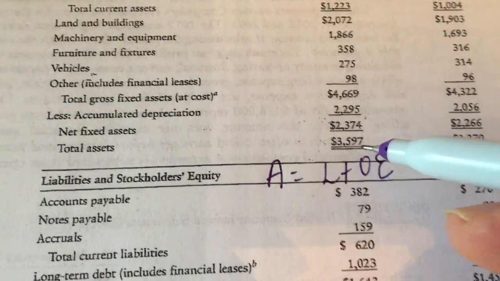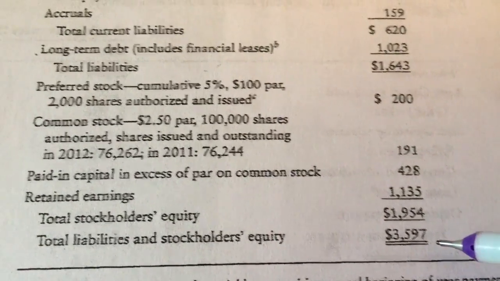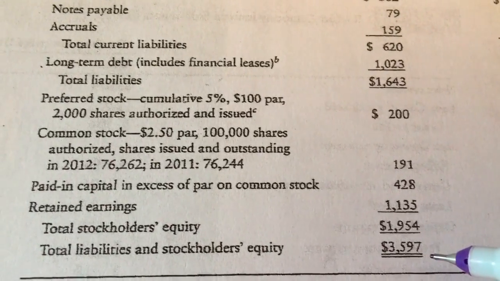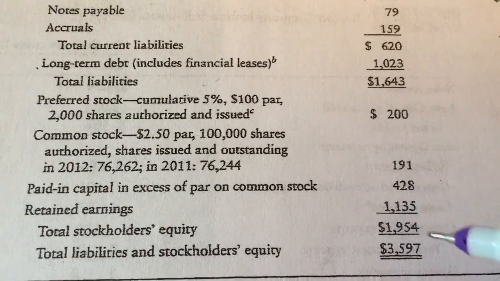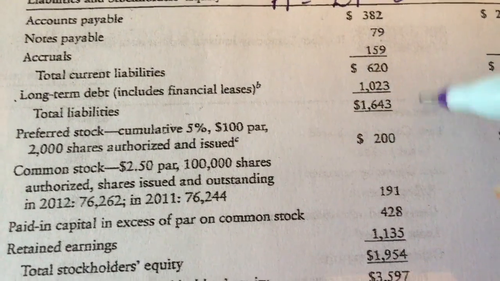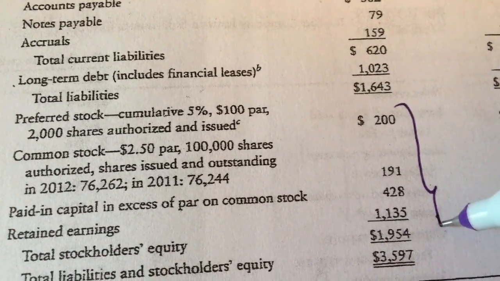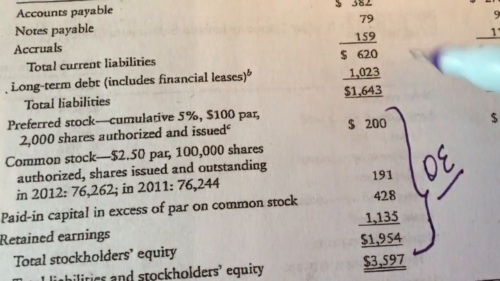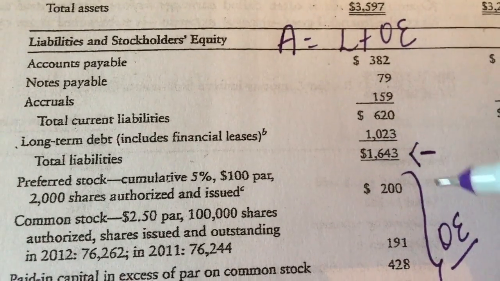But then what students do is they come down here and they pull out the same number from the very bottom of the liability and equity page, and they end up with a ratio of 1. And you can't do that, because what you have to do is pull out all of the equity. Equity consists of all of your stock and your retained earnings. So this is your equity part, your stockholders' equity. You need to come up and look for total liabilities.